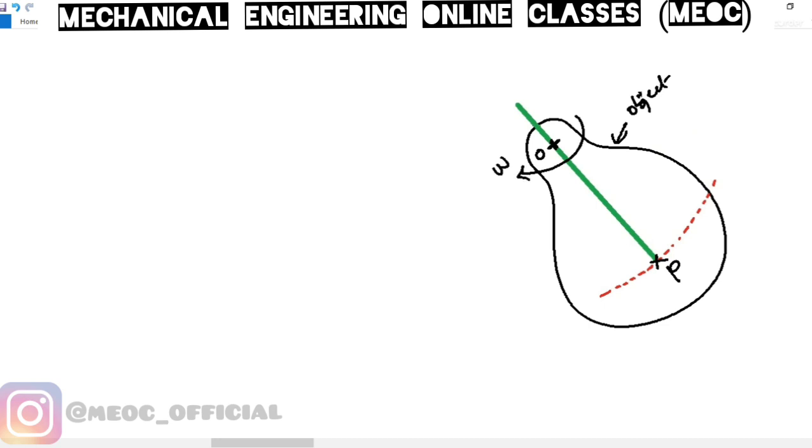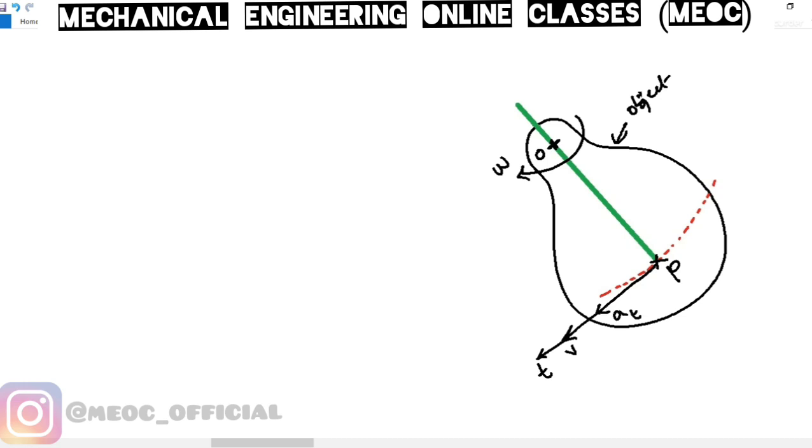Omega is the angular velocity. Rate of change of angular displacement is angular velocity. So that is omega. Then the velocity of this particle will be in the tangential direction. This is the tangential direction T. So V is along this and AT is also along this.